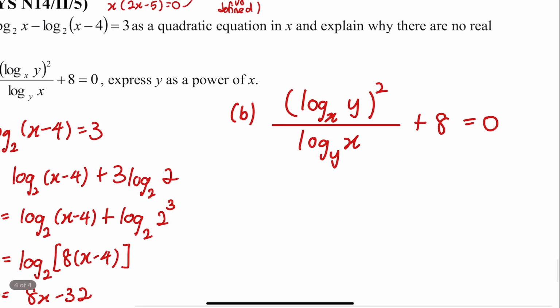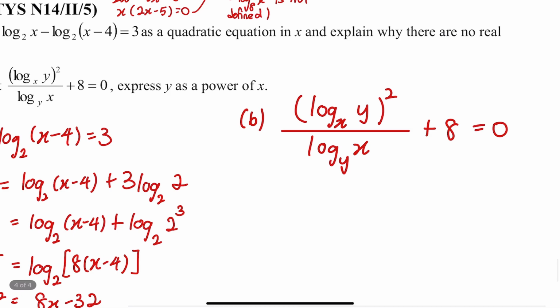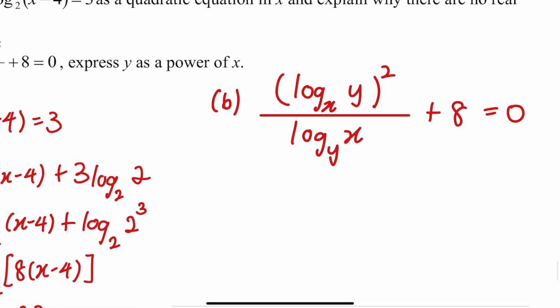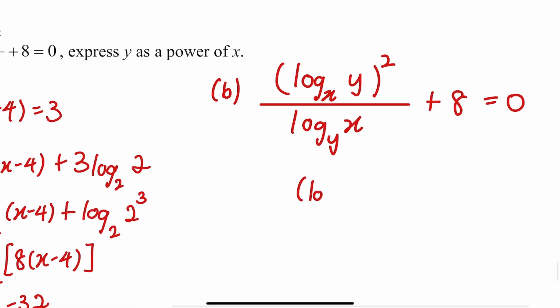How do I express y as a power of x? Very simply, you note that the bases are different. So in order to do anything with them, the base must be the same first. Let's change everything to base x to make our life easier. So this is simply log base x of y, squared. The denominator here, I change to base x.